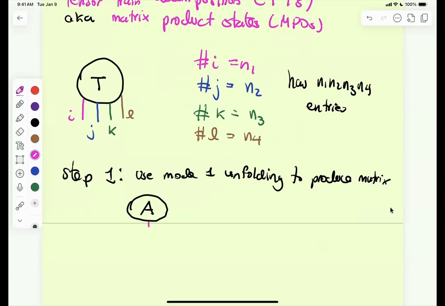So the first leg is just I, and the second leg represents the image of J, K and L in some relabeling.